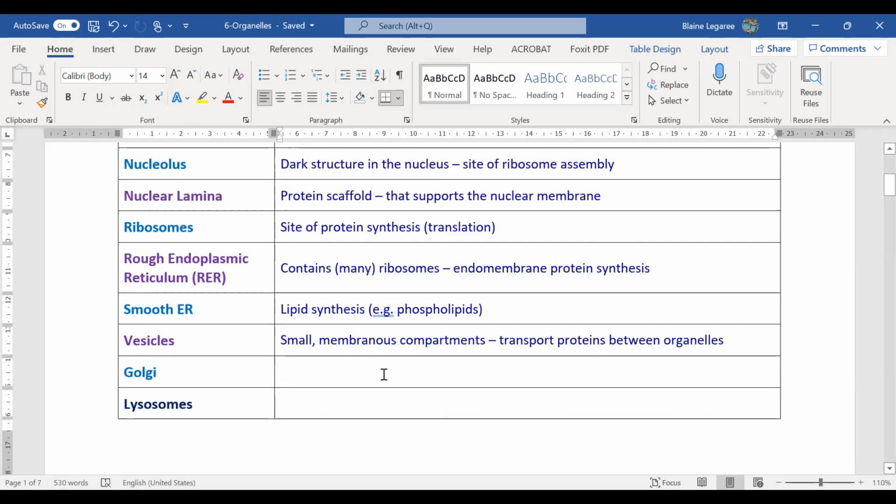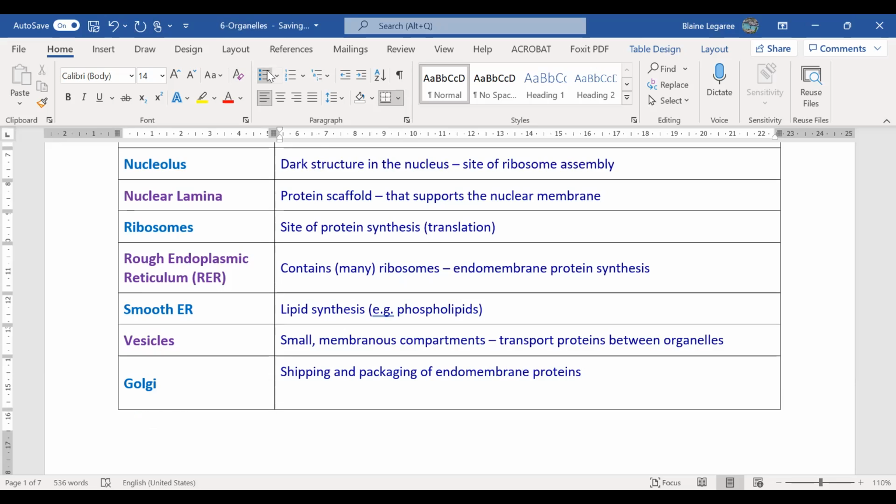And the last one there is Golgi. Like I said, the Golgi is kind of like the post office of the cell. So we'll call this shipping and packaging of endomembrane proteins. And there were kind of three things, right?